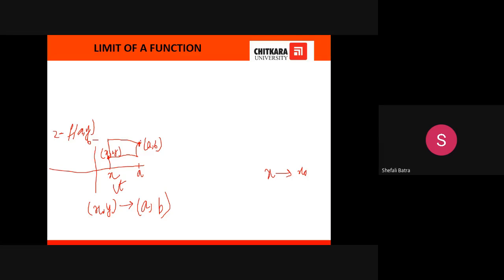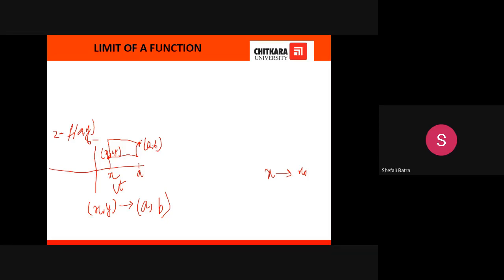So if you are considering two paths, right? There exist two paths to approach from the x, y point to a comma b, then the limit along both paths should be the same. If it is the same, then the limit exists. If it is not the same, it means the limit does not exist. Right?